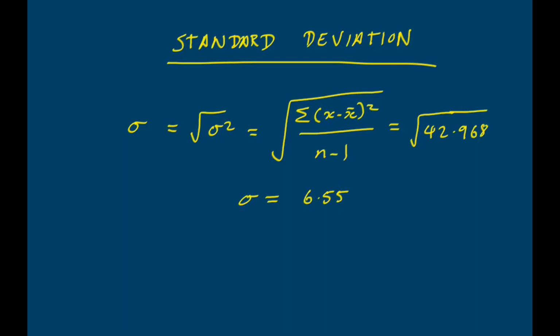So as one example, if you have normally distributed data, then 95% of all the values in your data set should be within 1.96 times the standard deviation from the mean. So you can find out important things about how your data should be distributed in your data set if you know what the standard deviation is. And it's very simple to calculate it. If you already have the variance, you simply take the square root of the variance.